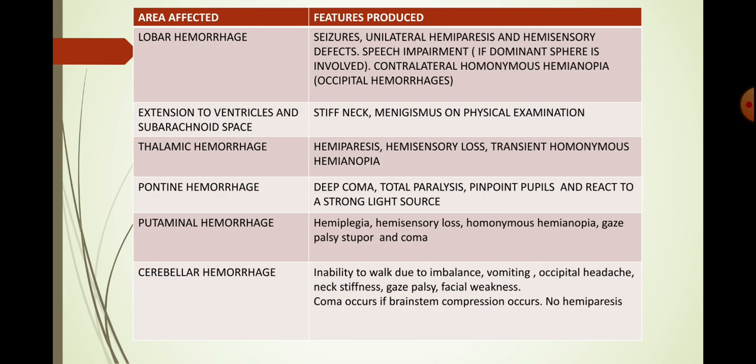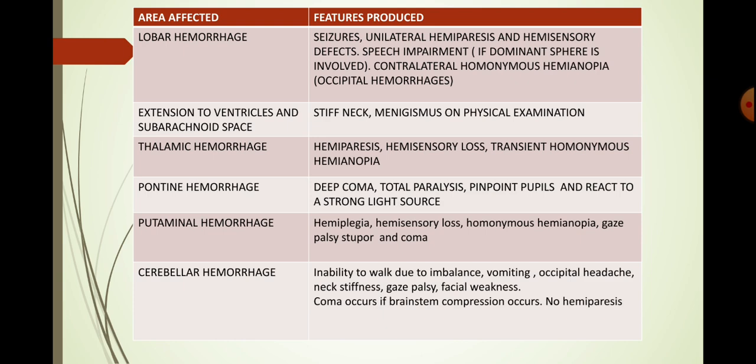Now, based on the area of the brain affected, there are certain features produced. So, before I go on to explain that, I'll just explain some terms used in here. Hemiparesis. Now, what hemiparesis means is that there is weakness or paralysis on one half of the body. And what hemiplegia means is that there is paralysis on one half of the body.